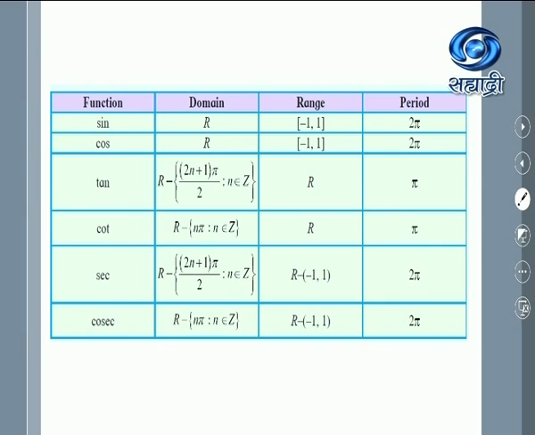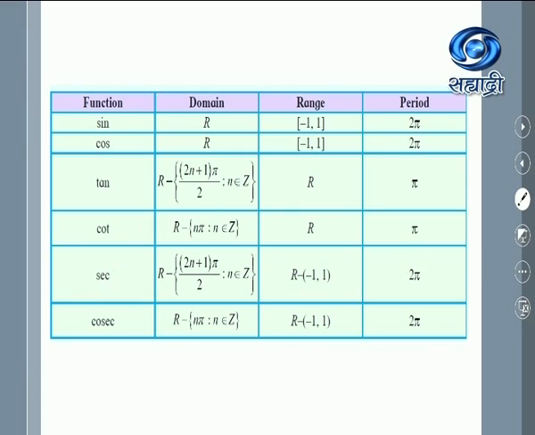The range is any real number, so the range is the set of reals, and the period is pi. Cotangent function, the domain is from the set of reals, we will have to exclude n pi, that is written in this form. The range is the set of any real numbers and the period is pi.